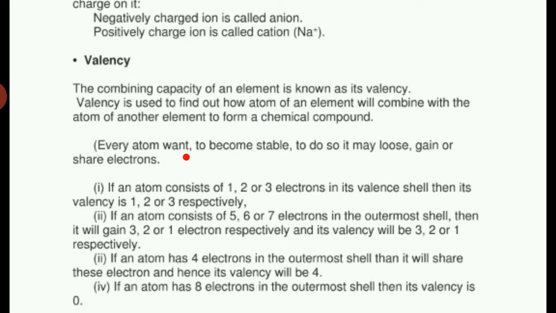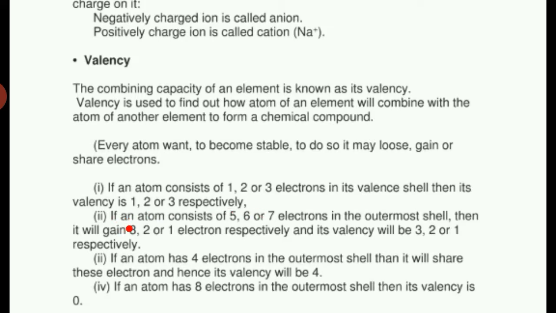Every atom wants to become stable. To do so, it may lose, gain or share electrons. For example, if an atom has 1, 2 or 3 electrons in its valence shell, which is its outermost shell, then its valency is 1, 2 or 3 respectively.